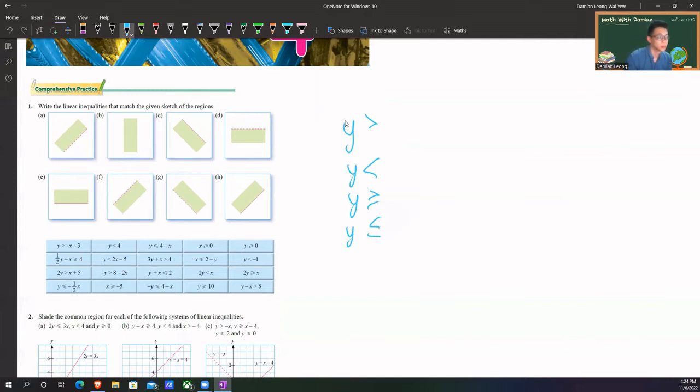But it can also be something y, like 2y more or equals, or even x plus y like that. More or equals, less or equals, it depends on the situation.